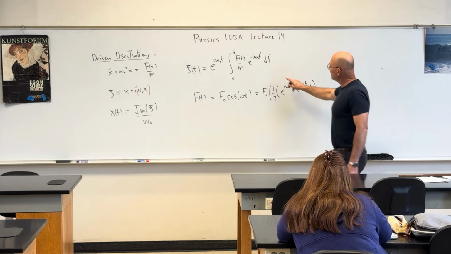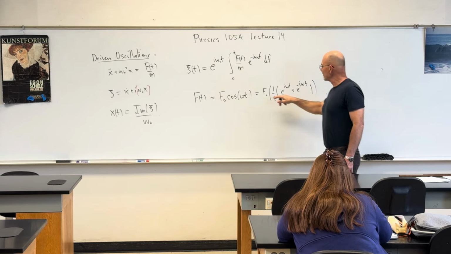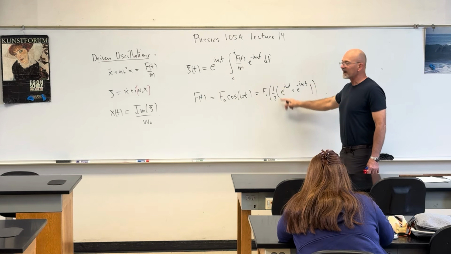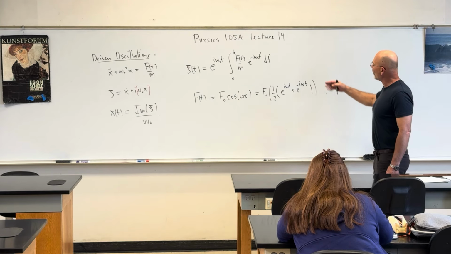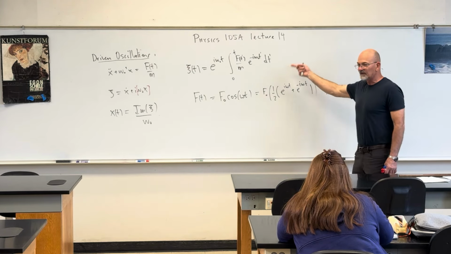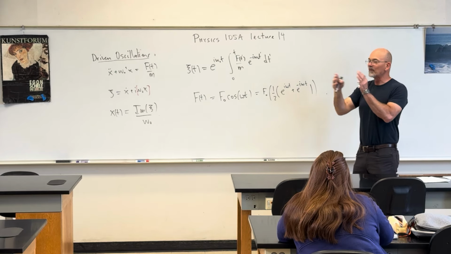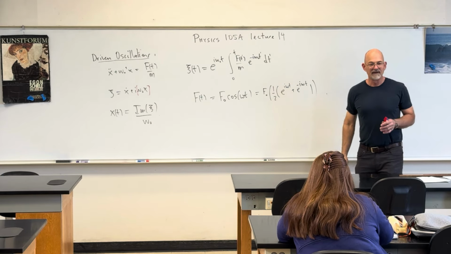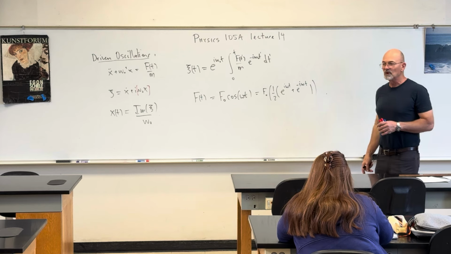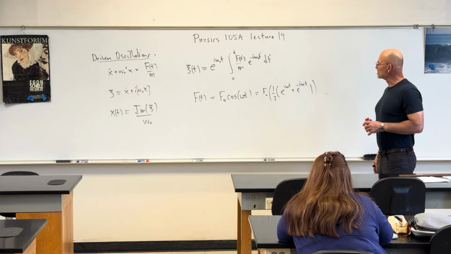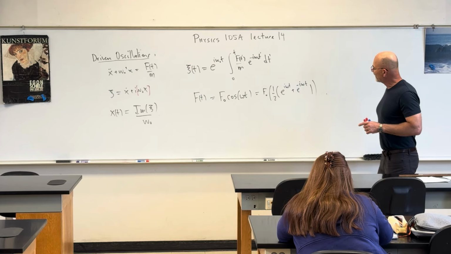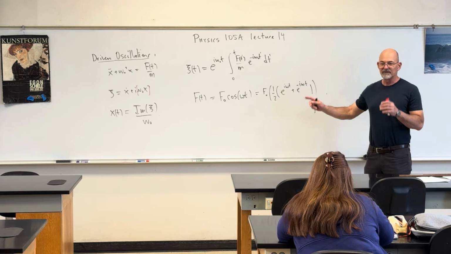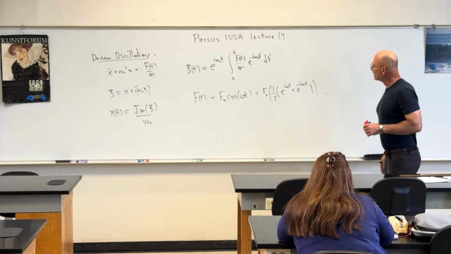We put that into this integral, and we're going to have those e to the i (omega minus omega naught), e to the i (negative omega plus omega naught). So that one of those, when we do the integration, is going to have an omega minus omega naught in the denominator, right? And that's where you have to use L'Hopital's rule, or you can do an expansion. So all I have to really say on this one, you just have to be really careful with all of your variables and signs.